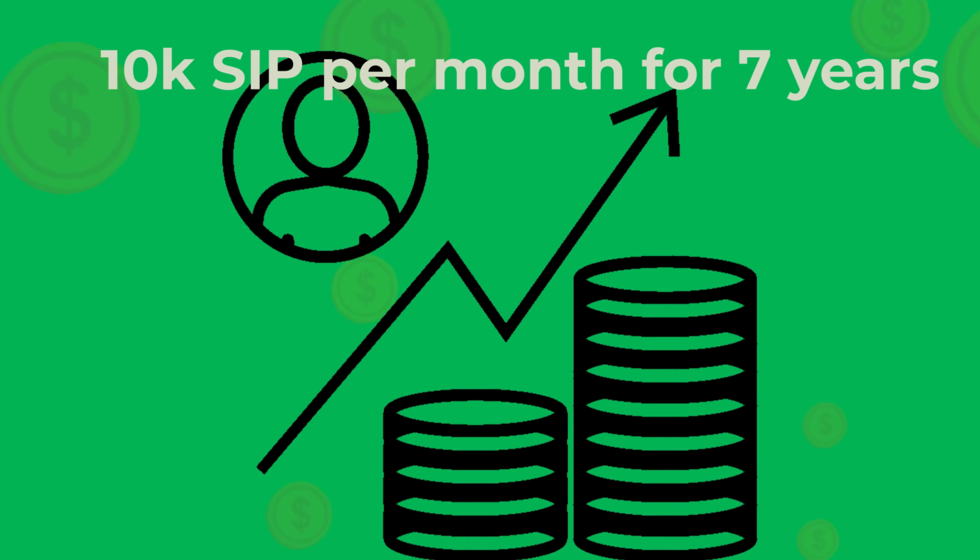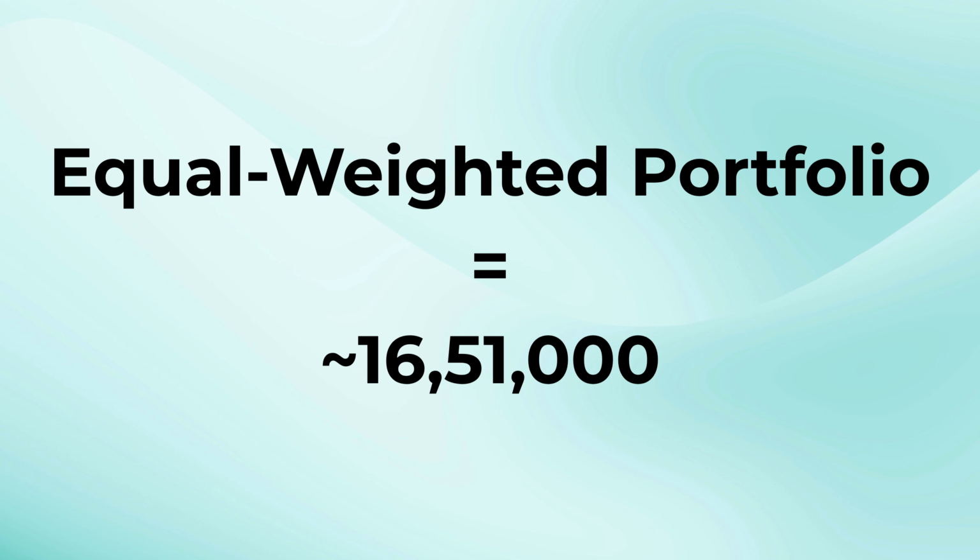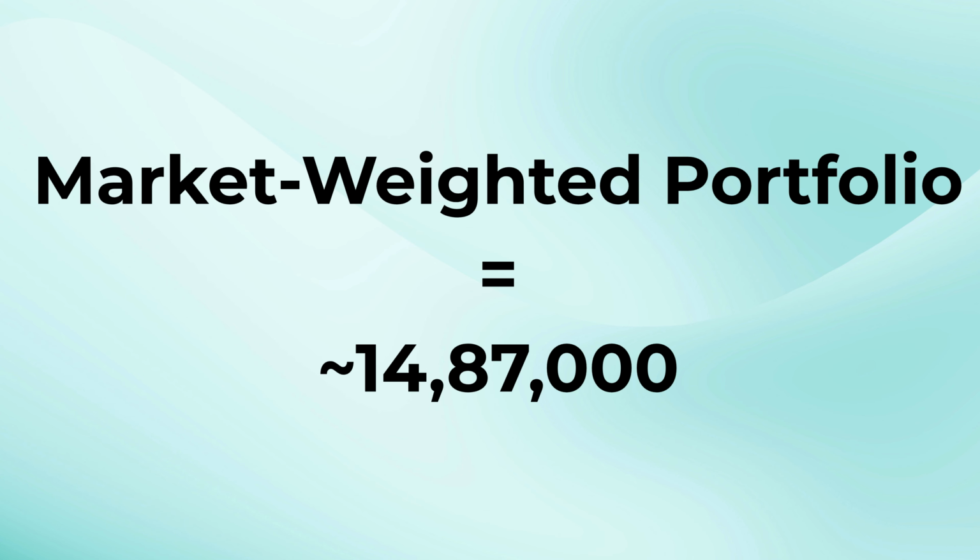For the SIP investment, I took 10,000 rupees per month for 7 years in both equal and market weighted. And here is what I saw. The equal weighted returned 16.51 lakhs over 7 years. Do you know how much the market weighted returned? It was 14.87 lakhs.